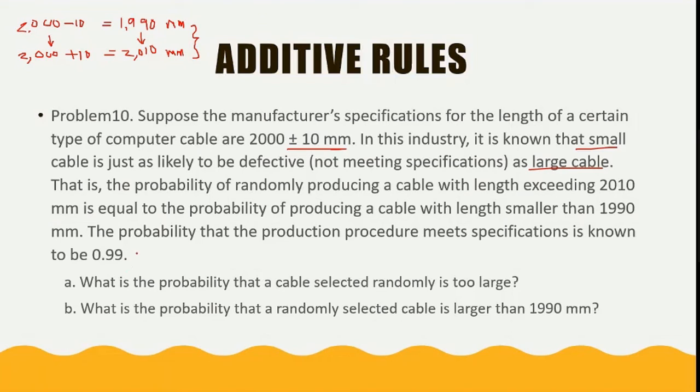So let's use letters to represent the events. Now, let's say that if getting the standard measurement, the probability is 0.99. Okay, so we will use A for that.